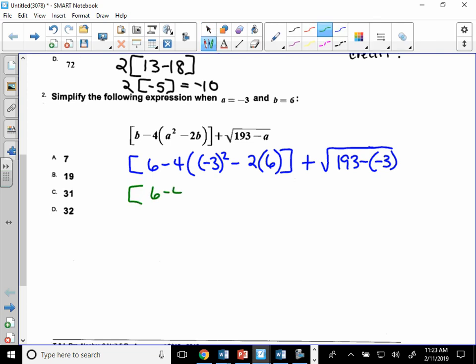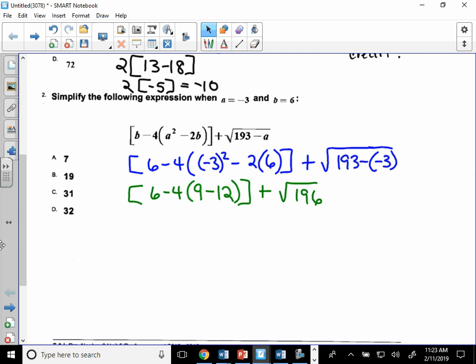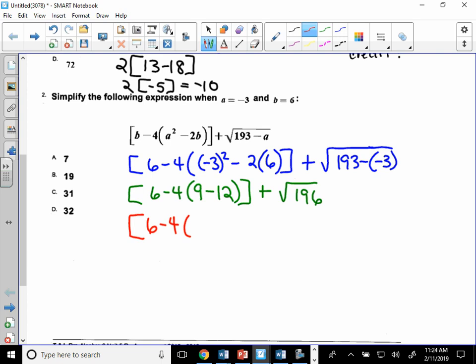All right, next step. 6 minus 4 times 9 minus 12 plus the square root of 196. Next step. 6 minus 4 times a negative 3 plus 14.